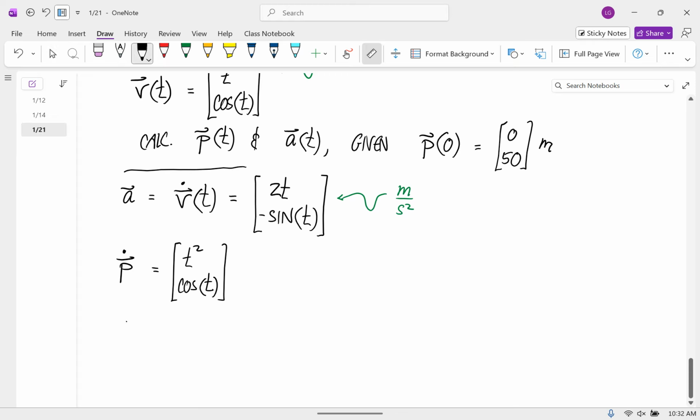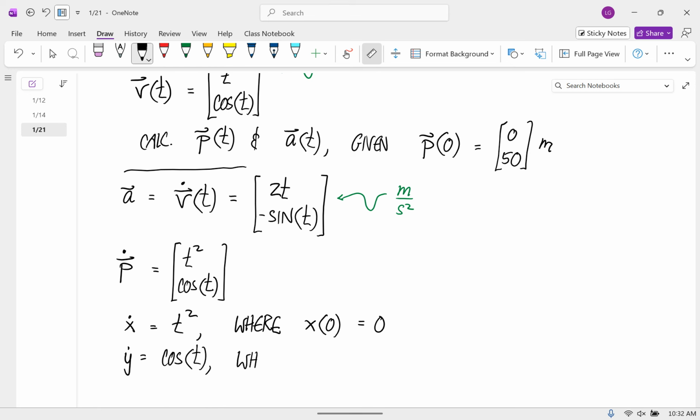And I'll rewrite that as x dot is equal to t squared, where x at time 0 is equal to 0, and y dot is equal to cosine of t, where y at time 0 is equal to 50.